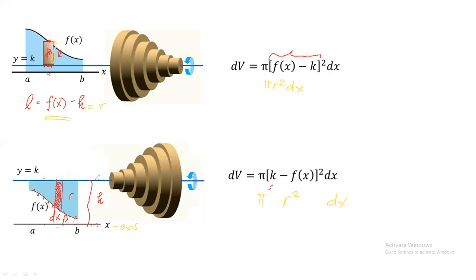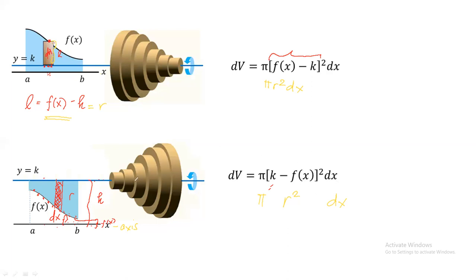From the x-axis to here, that's y equal to k, so that must be k. If you subtract in particular this distance, you'll be getting the radius of this part. And this distance is function of x. So that is why you have k minus function of x squared, pi r squared dx.